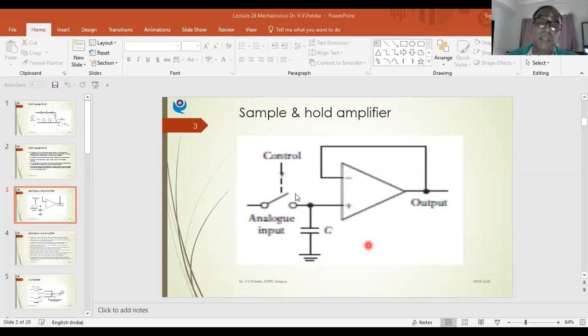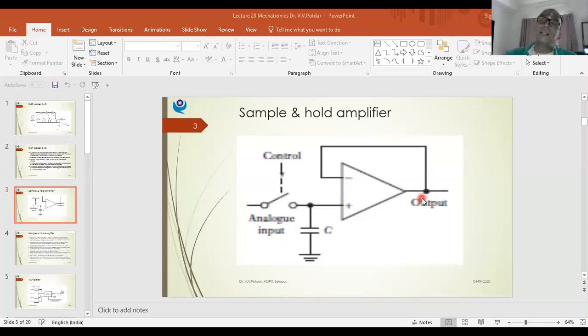Now what happens here? When this switch is off, there is no signal, so no output. Suppose I am giving some analog signal, maybe 3 volt DC, and I want to convert it into digital form. My A to D converter will come later on. We are just talking about the sampling and holding amplifier.